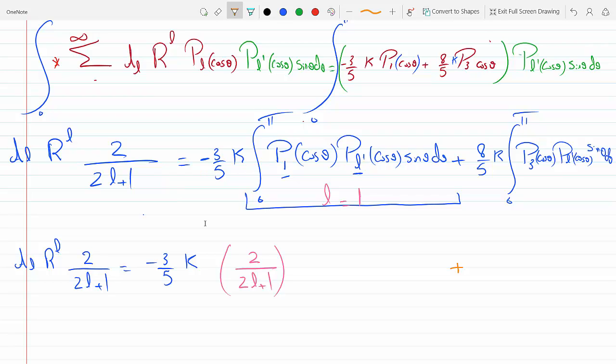So basically this is 2 over 2L plus 1, and we call this delta L1, meaning it will equal 0 if L is anything other than 1, and if L is 1, you will get 2 over 2L plus 1.